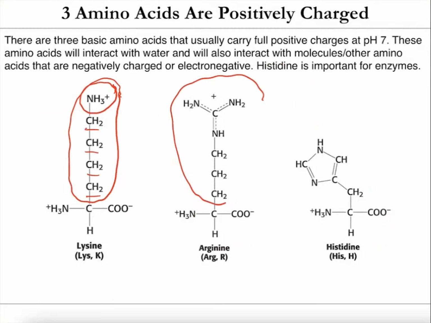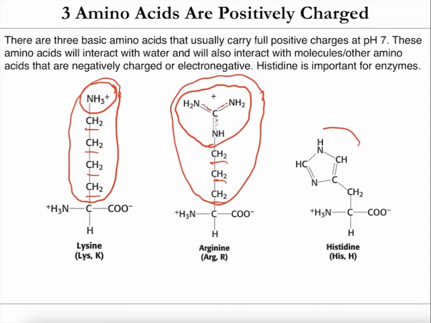And then there's arginine, which is kind of similar. It's got this ring of methyl groups here, and then it's got this group here, which is called a guanidino group. I think this chemical is found a lot in bat guano or bird guano.